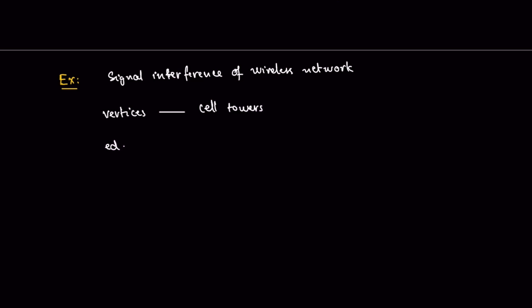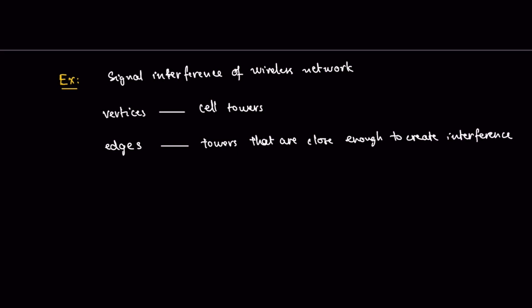And the edges in graph theory are used to indicate towers that are close enough to create interference with one another.